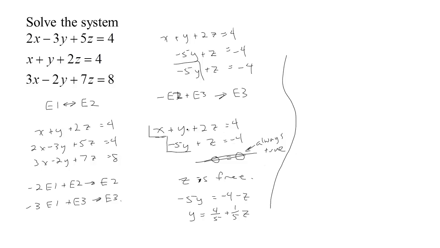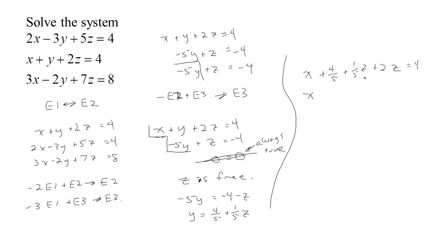And once you know what y and z will be, you can substitute them into the first equation. So we have x plus y, but y is 4/5 plus 1/5 z, and then we have plus 2z is equal to 4, and now we can just solve for x in terms of z.